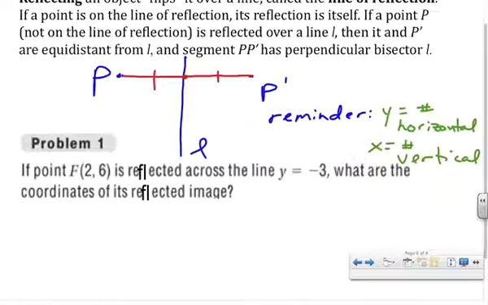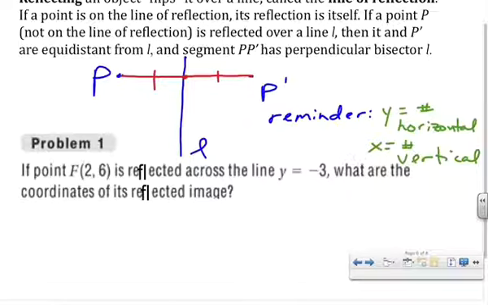Okay, so I'm taking this point and I'm reflecting it over a horizontal line. So visualize it. My line of reflection is a horizontal line. Does it make sense that one of my coordinates is going to change and one of them is going to stay the same?